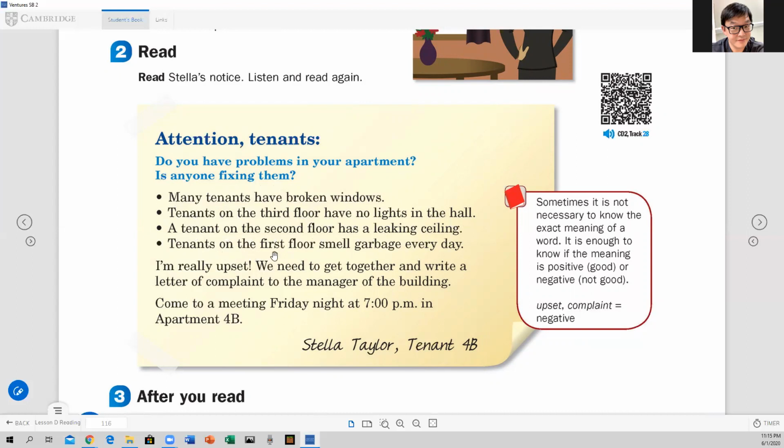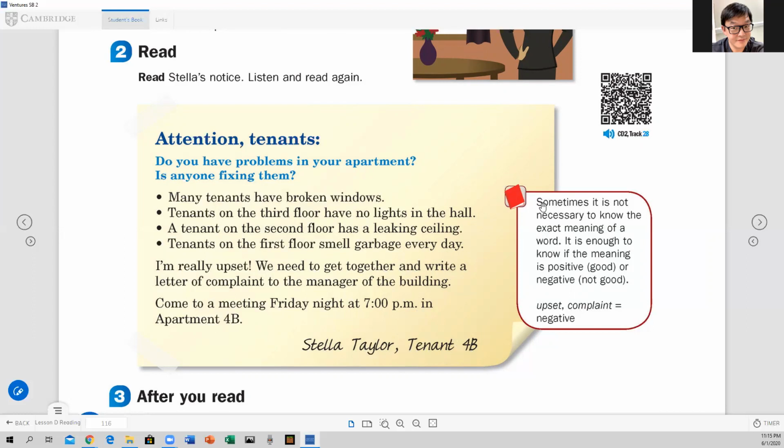Tenants on the first floor smell garbage every day. I'm really upset. We need to get together and write a letter of complaint to the manager of the building. Come to a meeting Friday night at 7 p.m. in apartment 4B. Stella Taylor, tenant 4B.